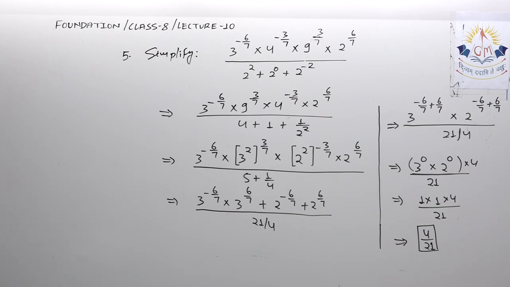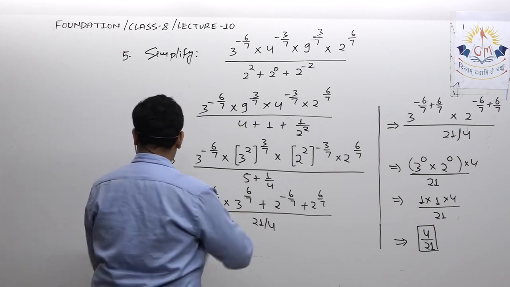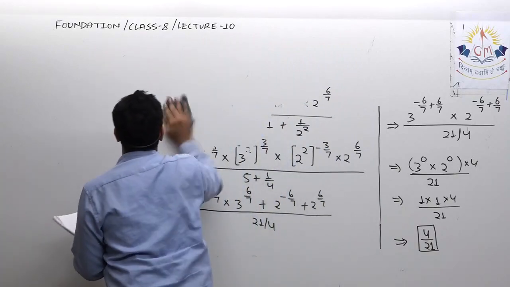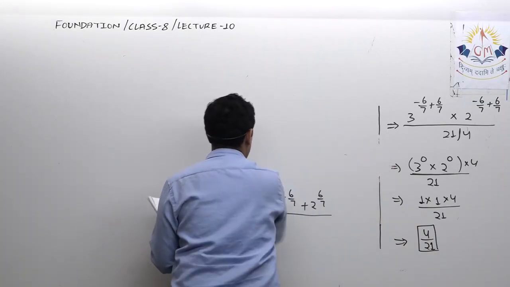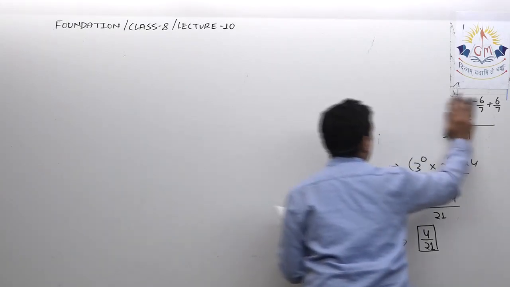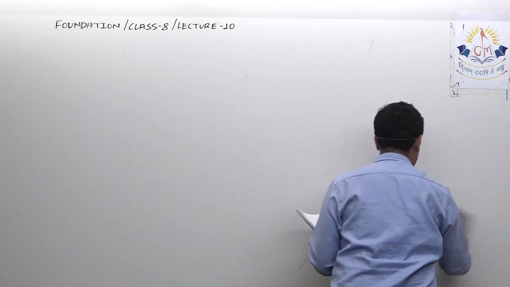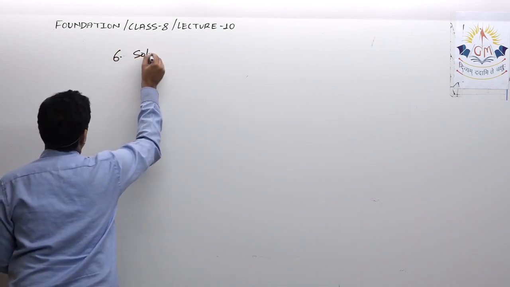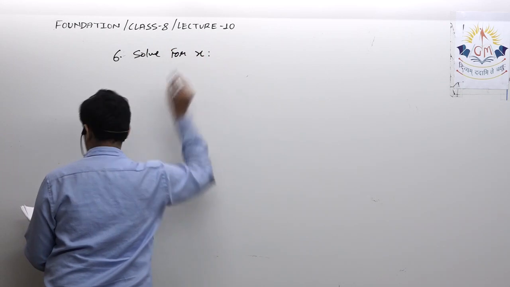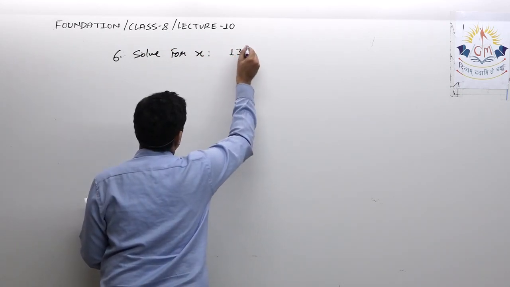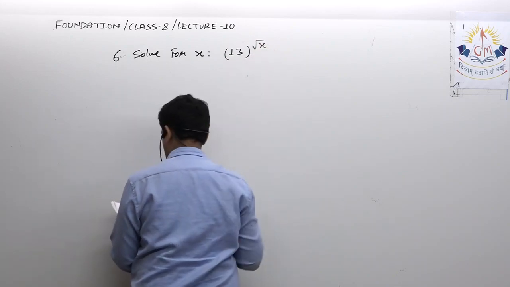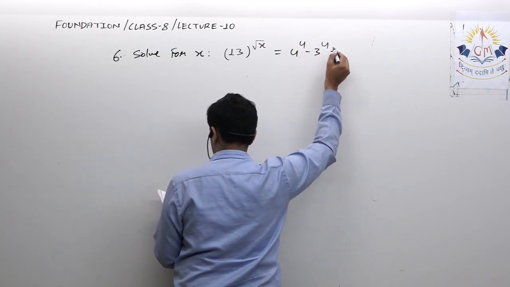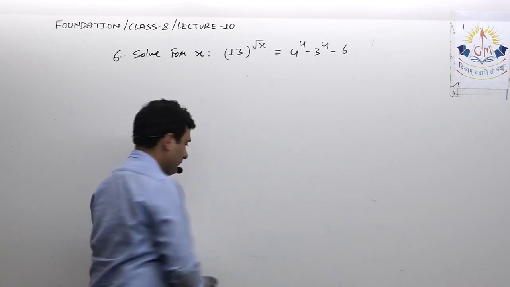Okay, now let us see the next question. Question number 6 is: solve for x. 13 raised to root x is equal to 4 raised to 4 minus 3 raised to 4 minus 6.